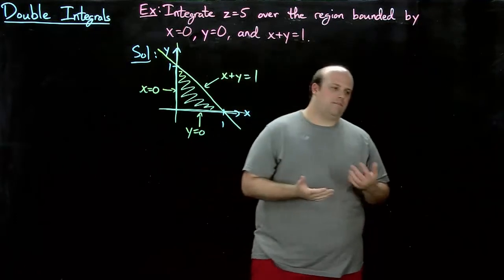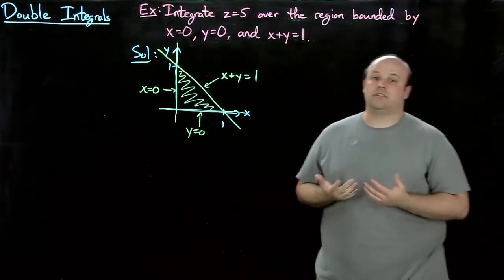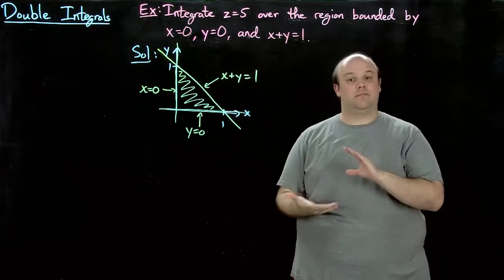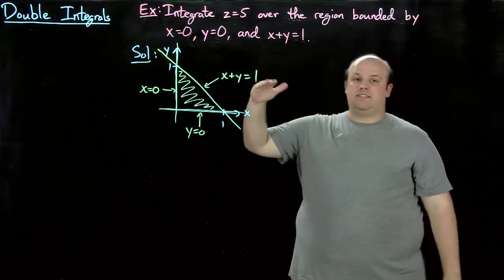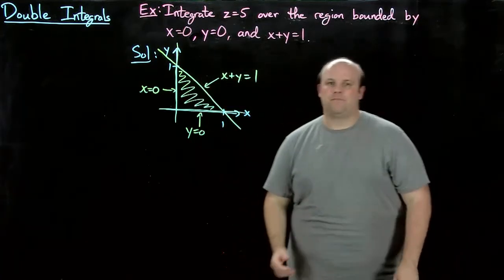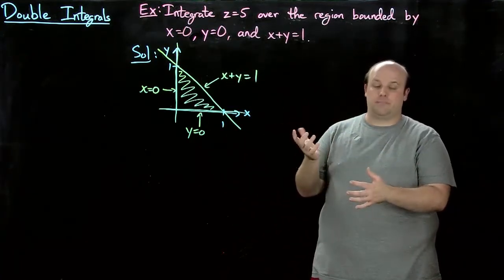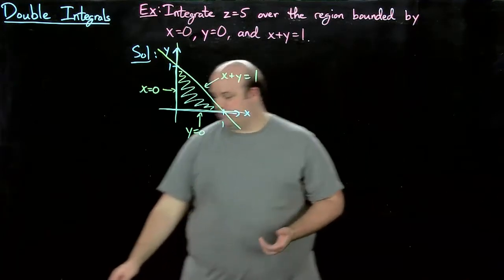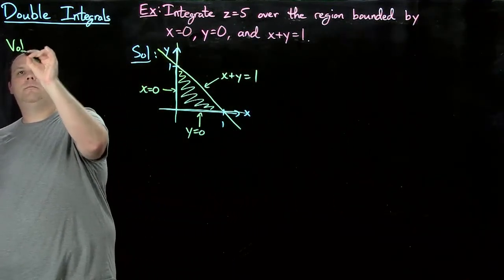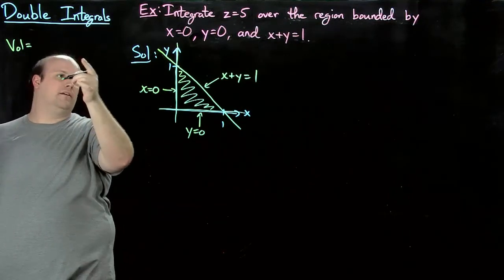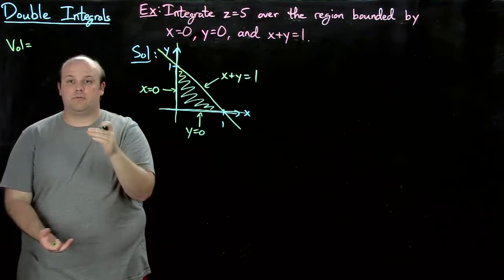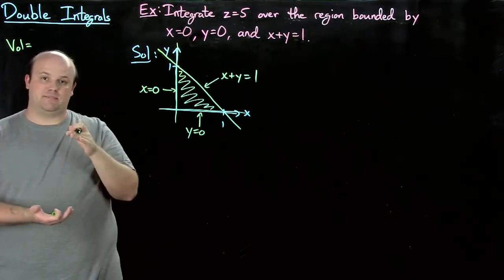Well, let's think first, what does this solid look like? Since 5 is positive, we can see it as the volume underneath z equals 5, which is just a plane, and above this triangle. So that's just a triangular prism. We know from geometry that the volume is the area of the base times the height.